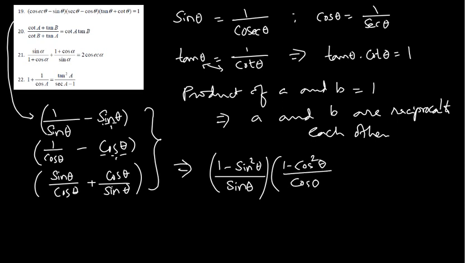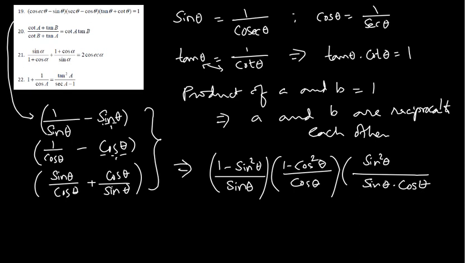The third one would be, you have sine theta cos theta in the denominator, and in the numerator sine square theta plus cos square theta.